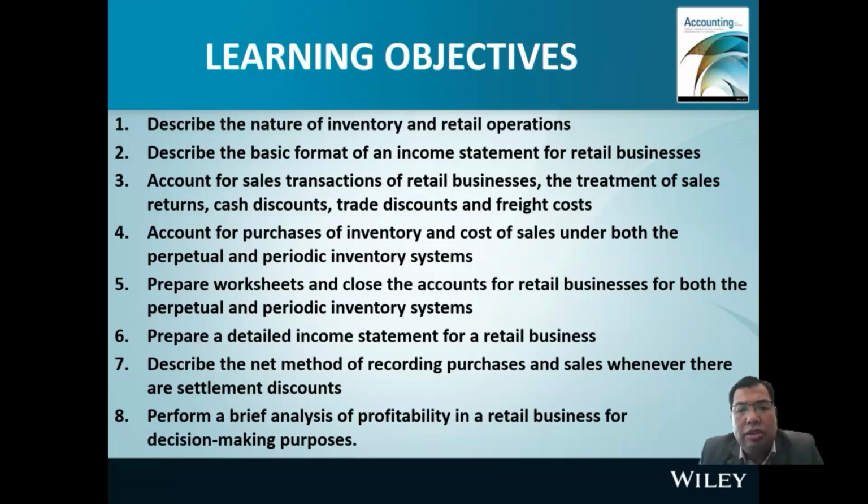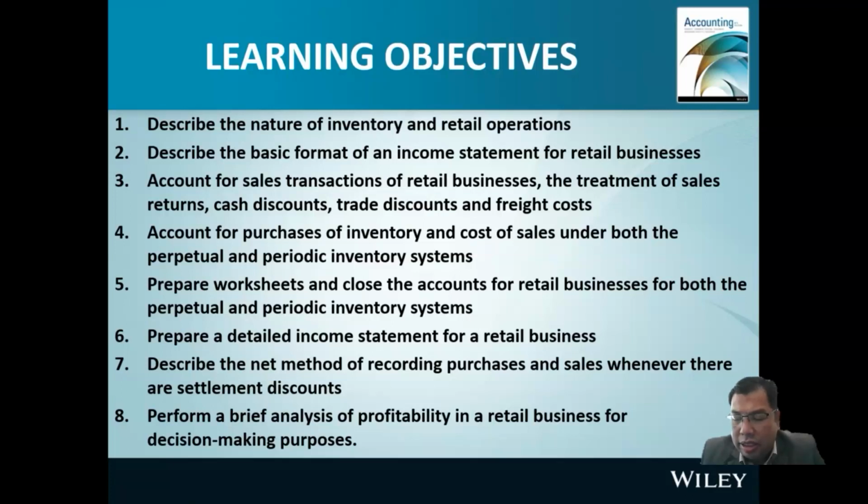Account for purchases of inventory and cost of sale under both the perpetual and periodic inventory systems. To maintain the inventory record, we have two systems. The old one, the less sophisticated one, is the periodic inventory system, but the more advanced one, which requires additional work if you can keep the record, is the perpetual inventory system.